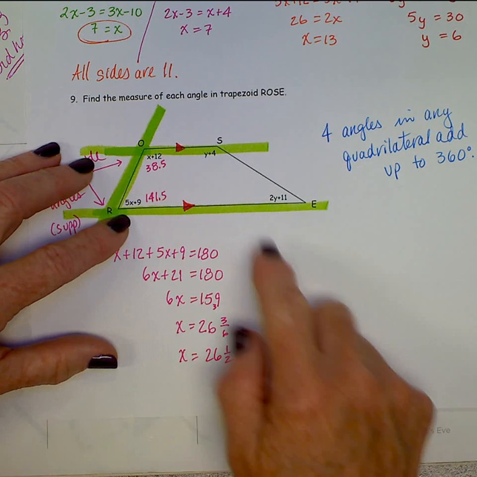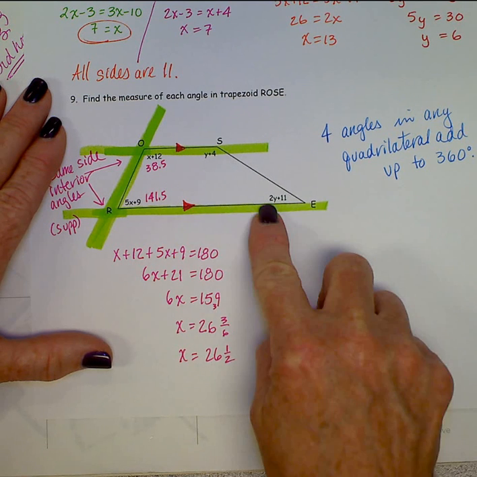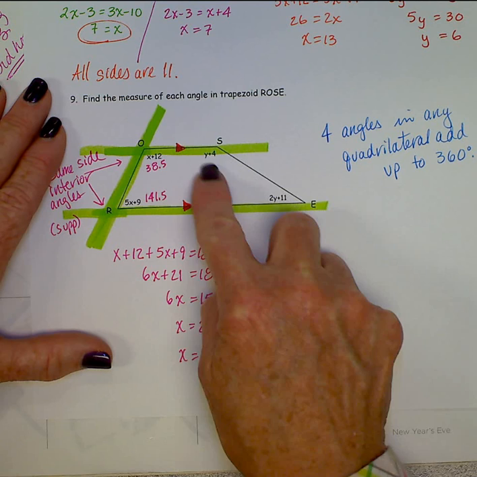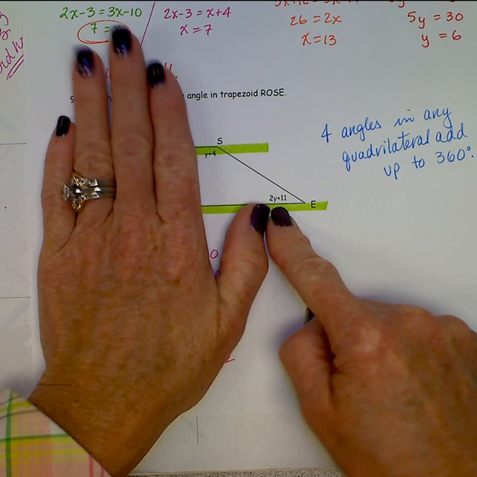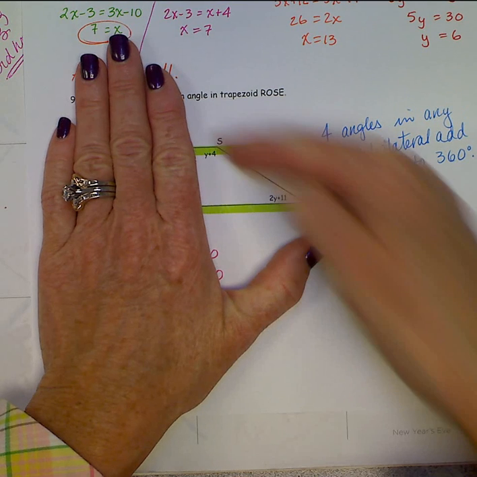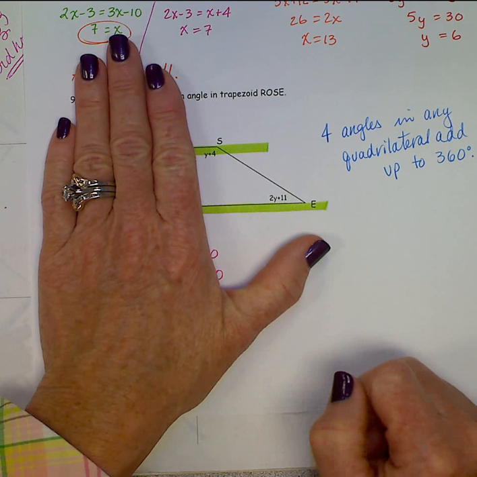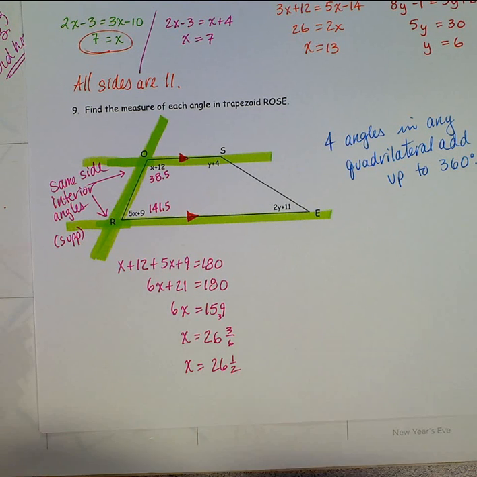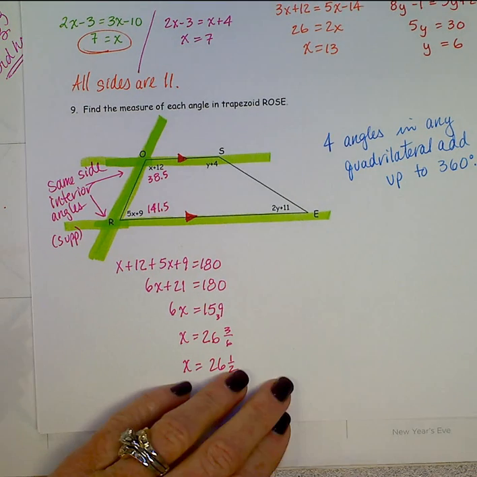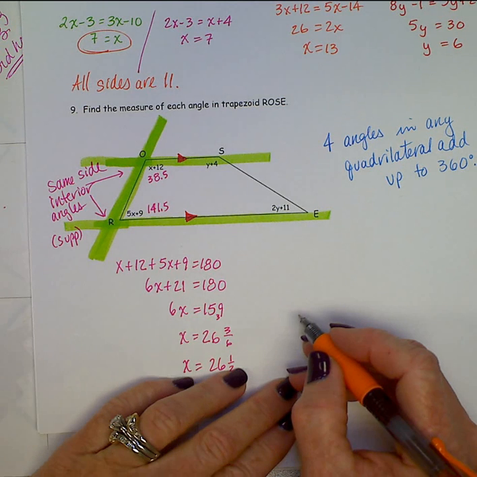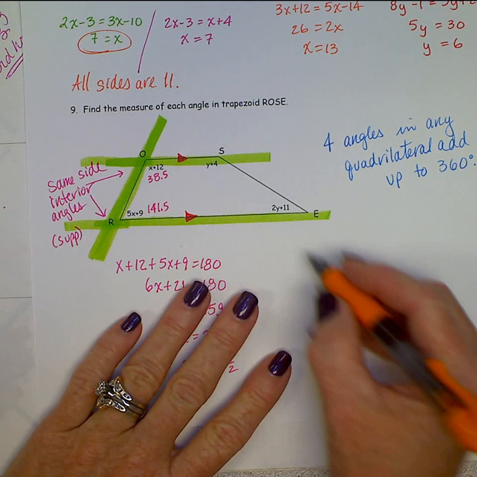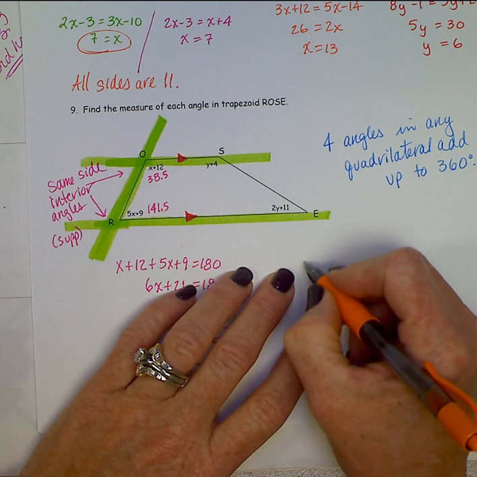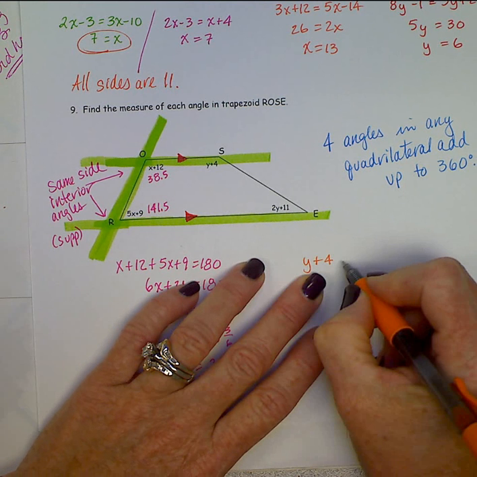The same idea fits over here for these two angles, the y plus 4 and the 2y plus 11. It's just a different transversal. Shut off the video, go ahead and set up an equation, solve it, then come back and check that it's correct. Seriously, pause the video.